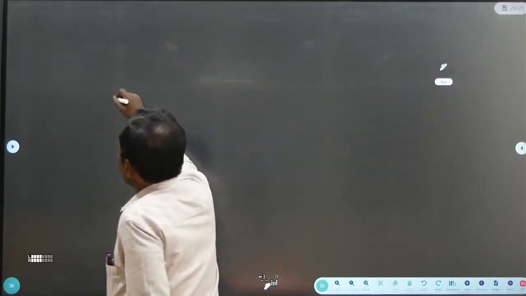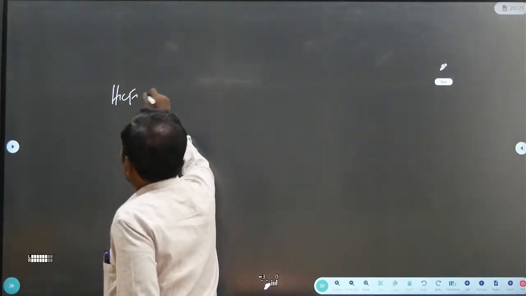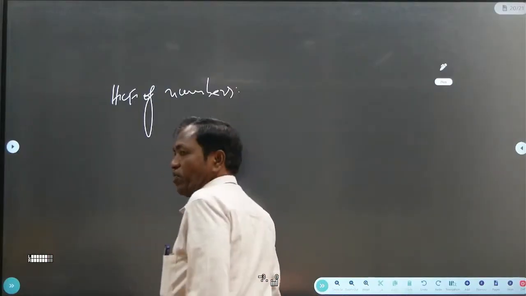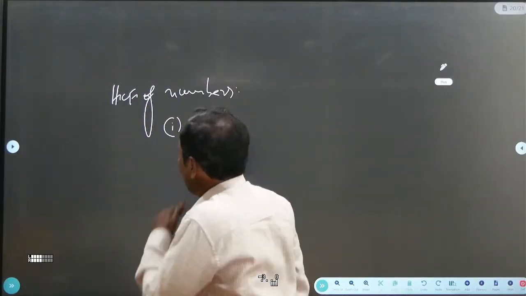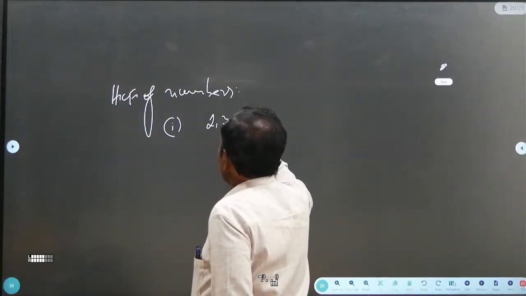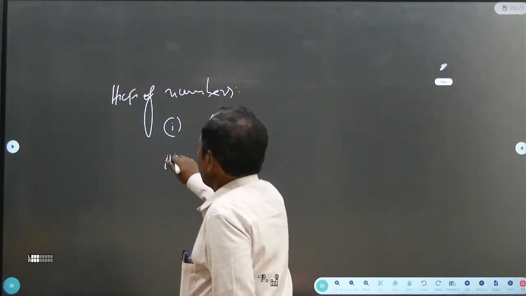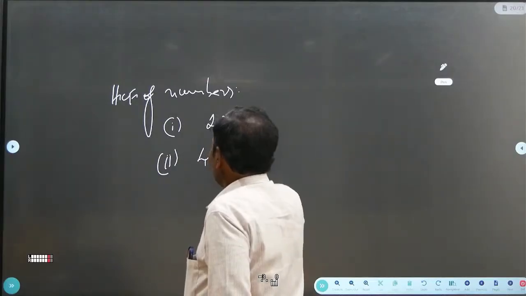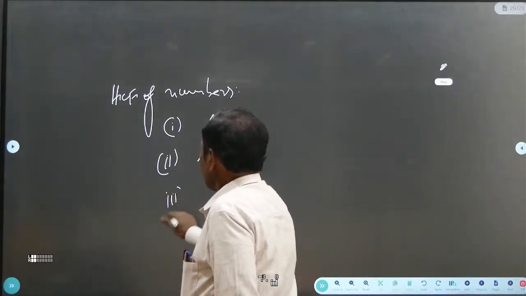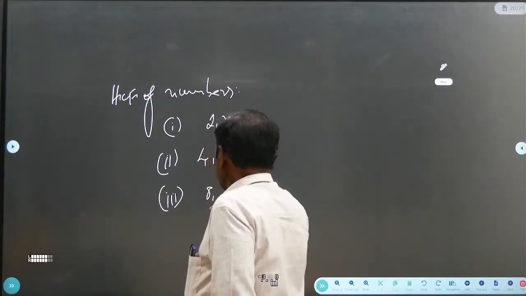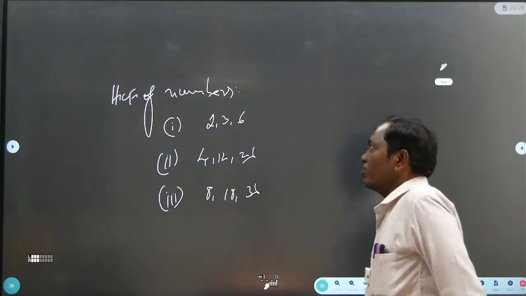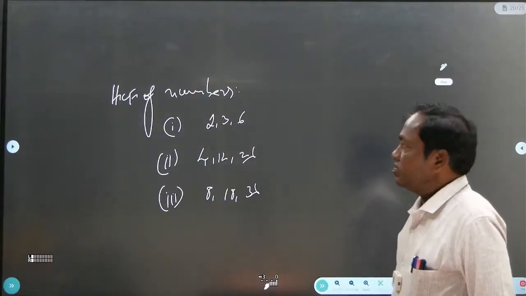Now let us take HCF of numbers. Find the HCF of numbers like 2, 3, 6, then 4, 12 and 26, then 8, 18, 36.